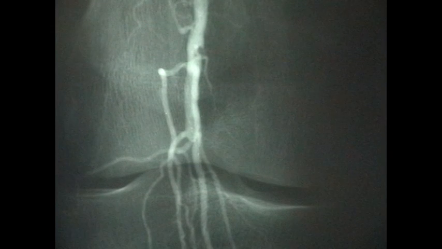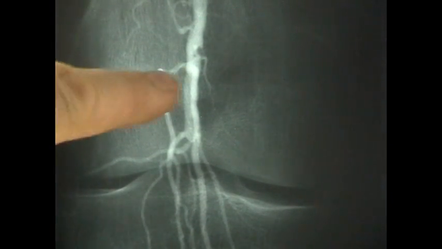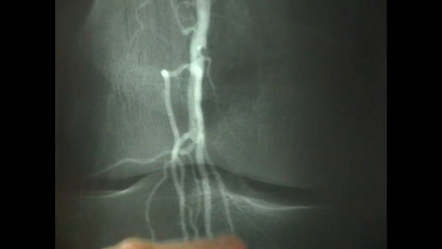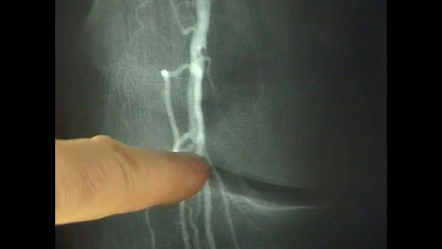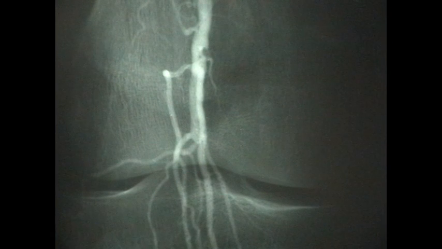Then if you see there around about the level of the knee, I think you can see here that vessels are leaving the femoral artery, carrying some blood further down the leg. But the main body of the artery itself seems to be occluded completely just here. So the limb is only being perfused by these smaller vessels.